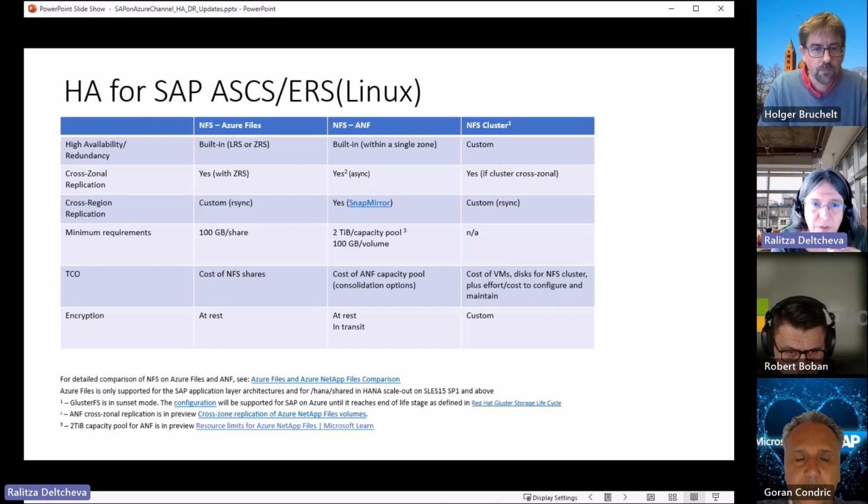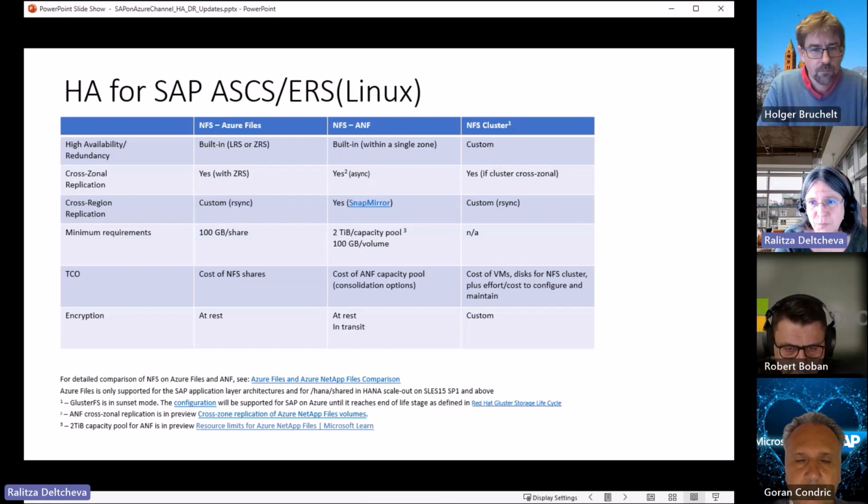I also want to mention here another preview feature for ANF. It used to be that the entry point for the ANF capacity pool is 4 terabytes. And currently in preview is a new bar. So you can start as low as 2 terabyte capacity pool. And the preview really applies to the deployment of the feature.